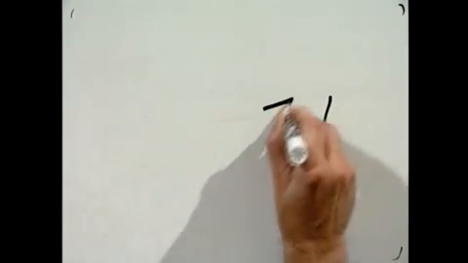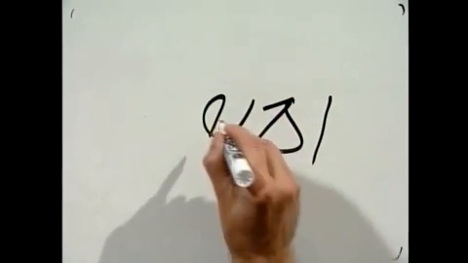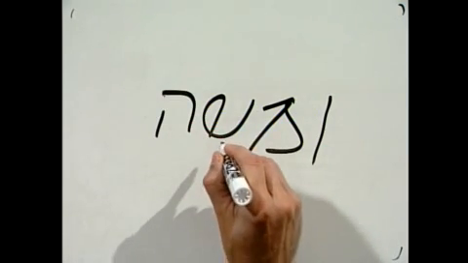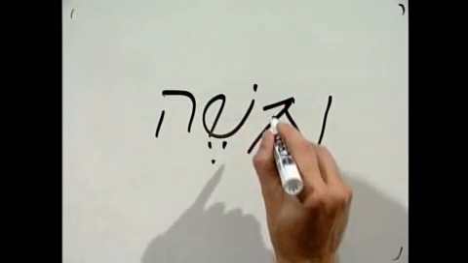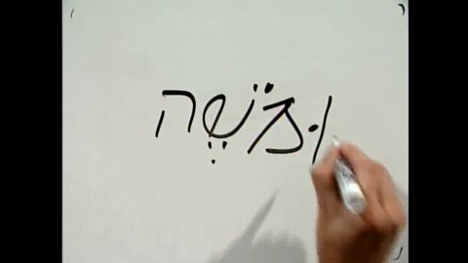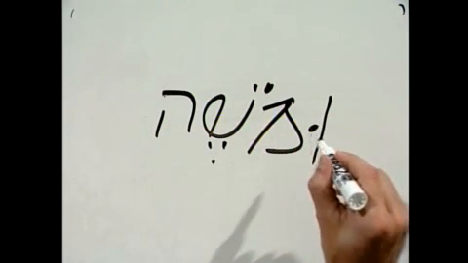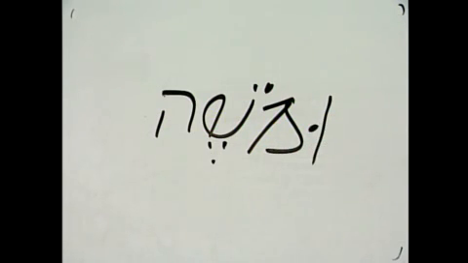Now the Vav. Well, again, the Vav can be a vowel or a consonant. The first thing we want to look at is a vowel. So if you have a Vav having a dot in its middle and it begins a word, in my example here you have a Vav, and that Vav has a dot in the middle of it, and it begins the word.